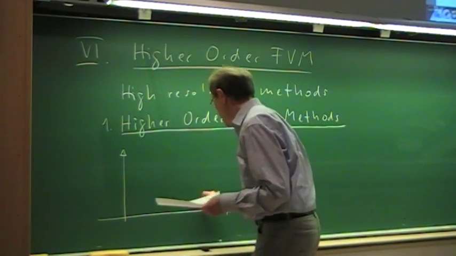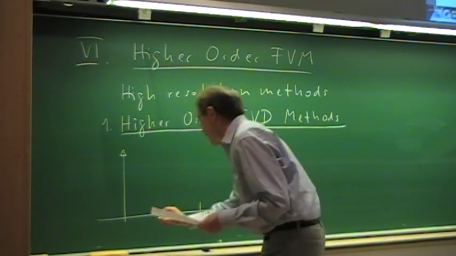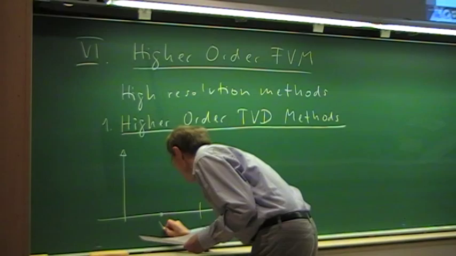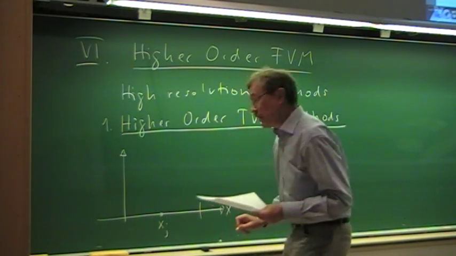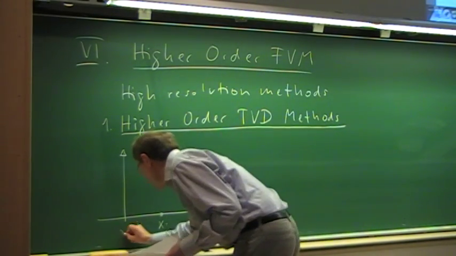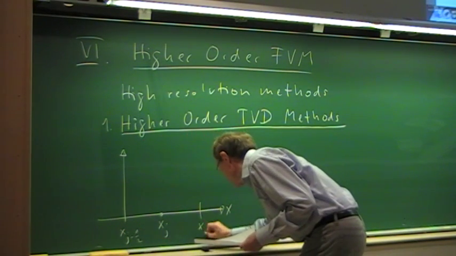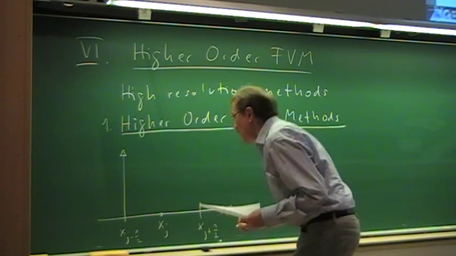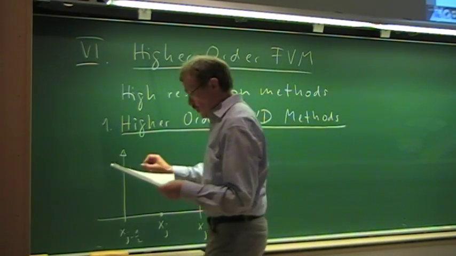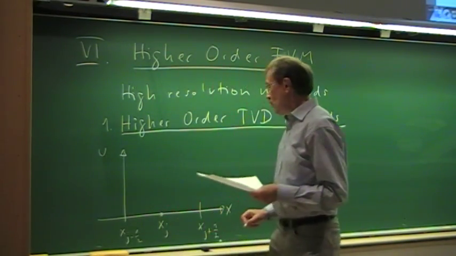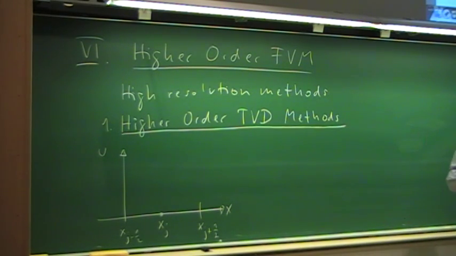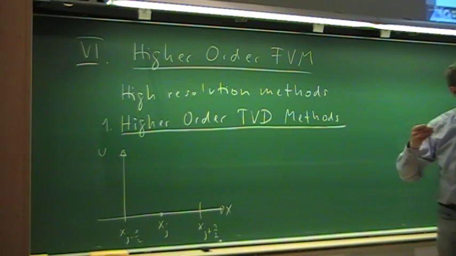We have a cell. In our case, we focus on the cell J with the midpoint xj and the left boundary xj minus 1/2 and the right boundary xj plus 1/2. And what we compute in the finite volume method is a cell average, a mean value.